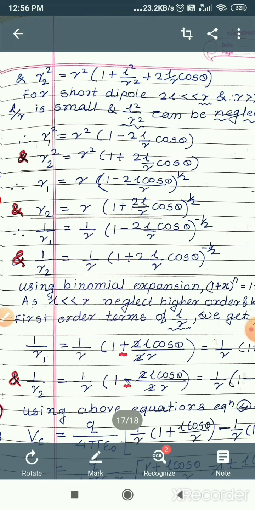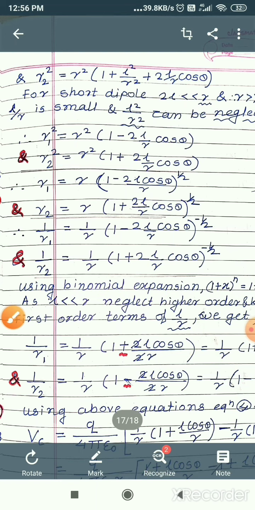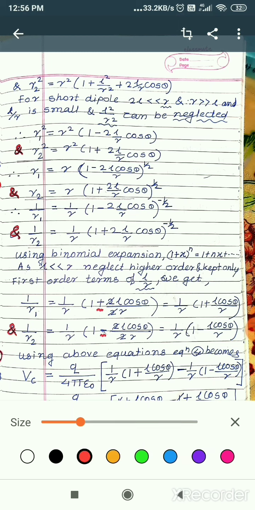First, we use the binomial equation. The binomial expansion of (1 plus x) raised to n is equal to 1 plus nx plus dash dash dash. Neglect the higher order terms.